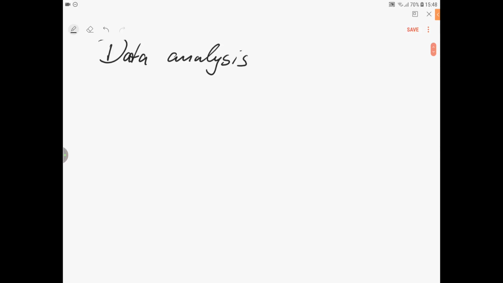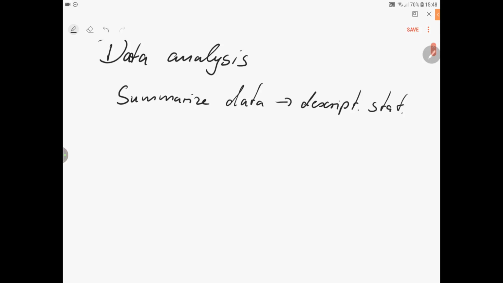So in general, if we want to just summarize data, we would use descriptive statistics. And in descriptive statistics, we would usually use our data as a total population.